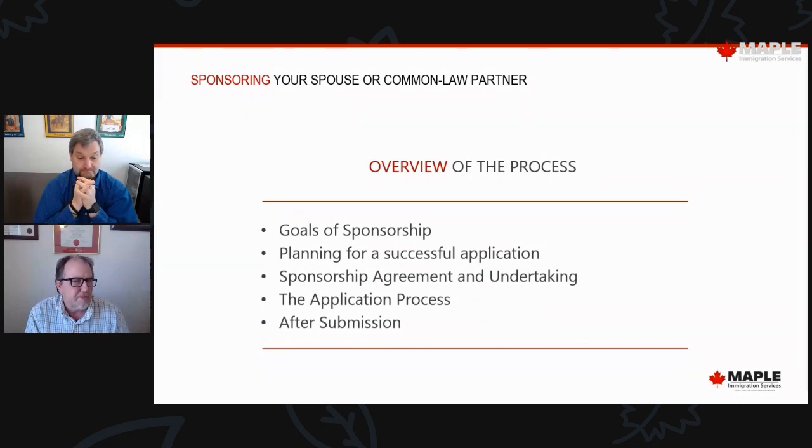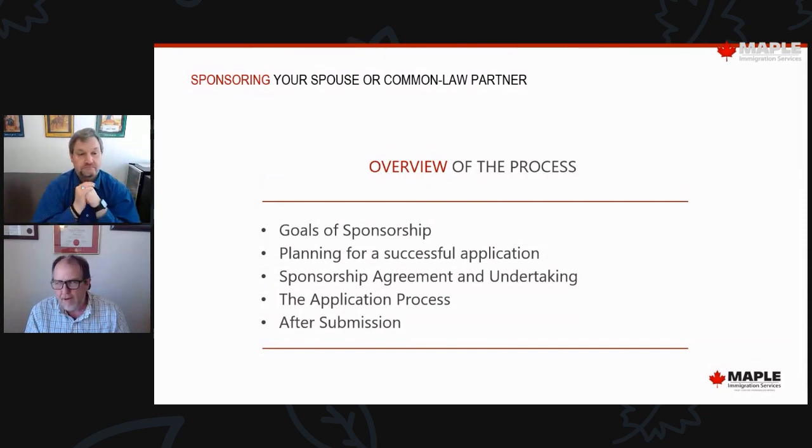Like a lot of other immigration programs that are now electronic with the Canadian government, these are still paper-based, and so they must be mailed into a case processing center here in Canada. When that package goes in, the government goes through the checklist that you put in and makes sure it's a complete package, because they have to do that under the Immigration Act. They have to check for completeness.